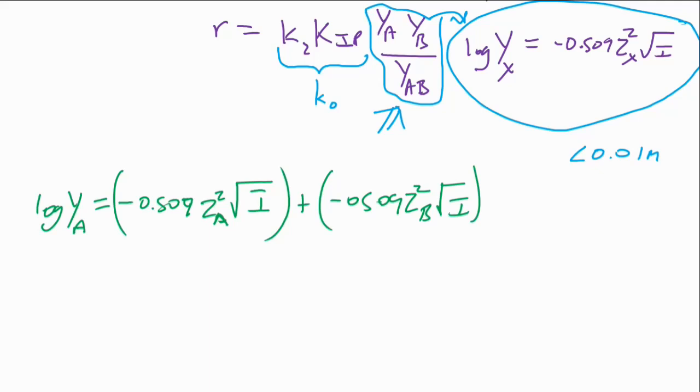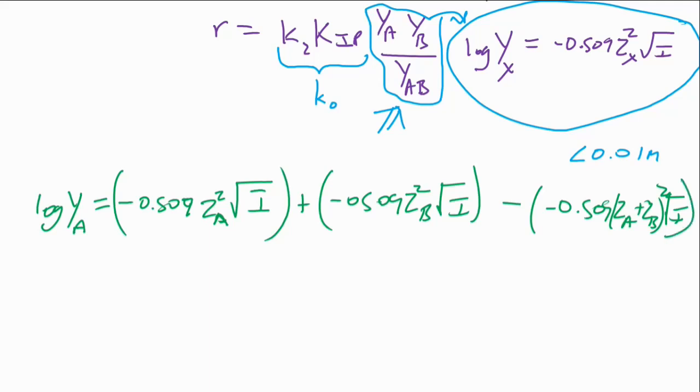Minus now, which is the one because of this one, you know, in log, ratio is the same thing as difference, 0.509 z AB, which would be basically Z A plus Z B squared root I.